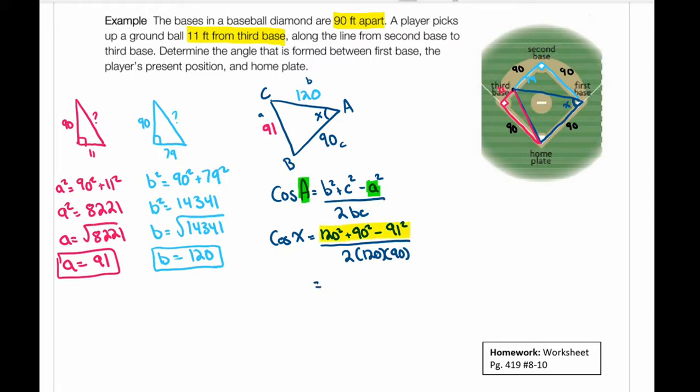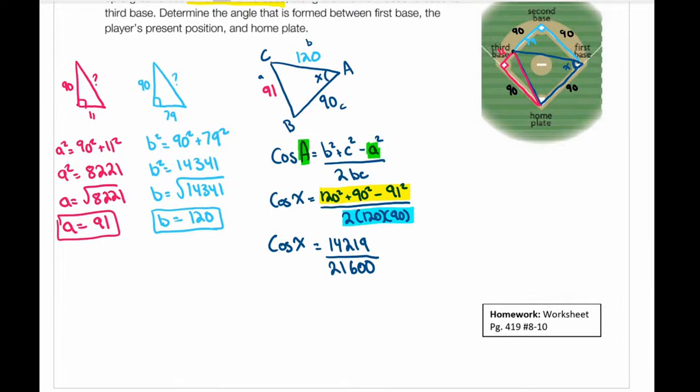I am dealing with some larger numbers now, so it will benefit me to do it in two parts. So 120 squared plus 90 squared minus 91 squared equals 14,219, divided by 2 times 120 times 90, which is 21,600. Again, it's good to see that the denominator is larger than the numerator, because that means my fraction is going to be less than 1.